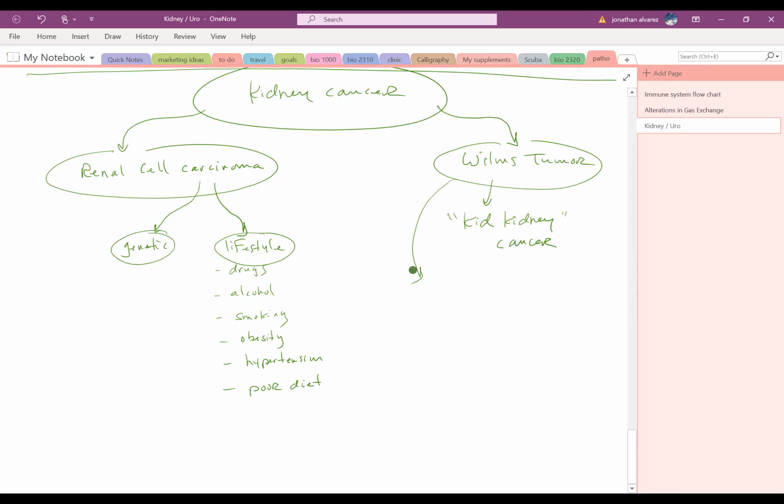It is considered a nephroblastoma. Now I spread the word out on purpose so you can see that this is kidney, and these are abnormal cell proliferation. So your nephroblastomas.